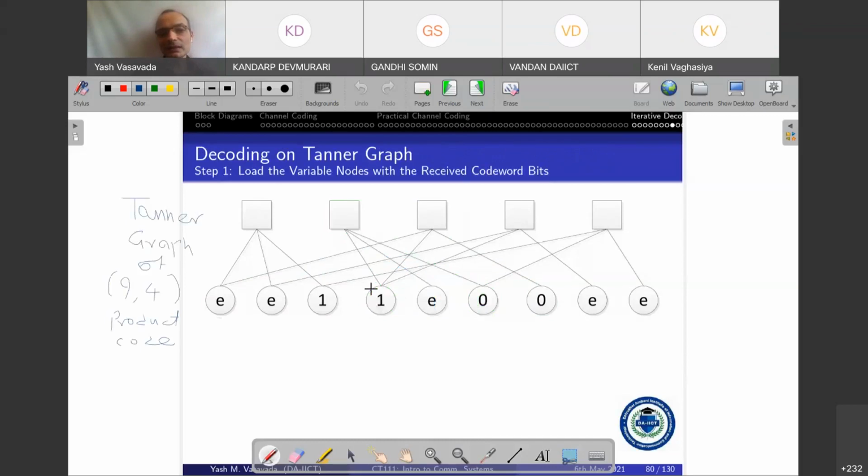Why is that? Because when passing a message to that VN, it would have to look at the message that it got from these two CNs. But out of these two messages, one is an erasure. So it doesn't know how to do SPC. So surprisingly, it will send to this VN4 a message that you are erased.